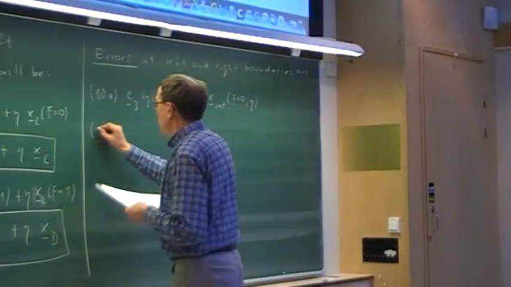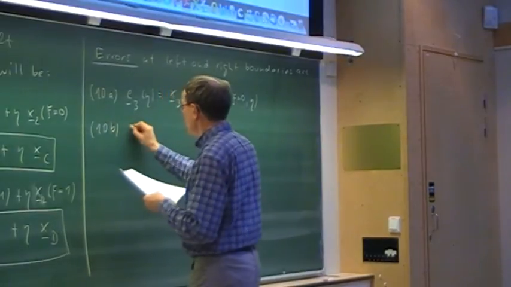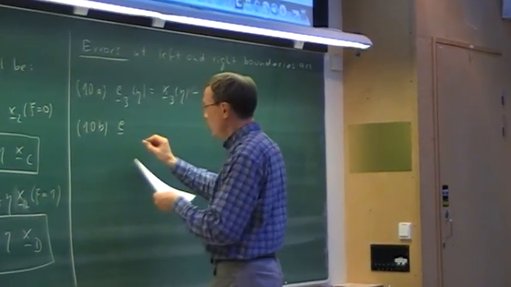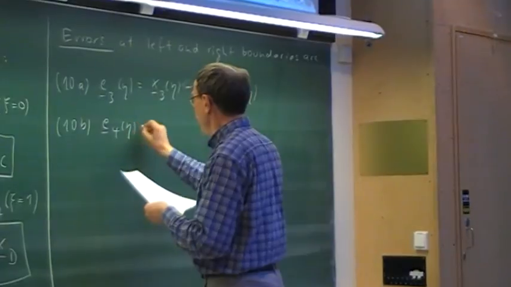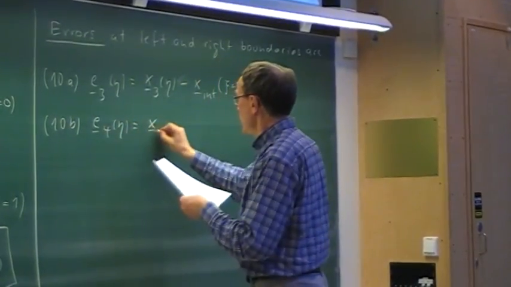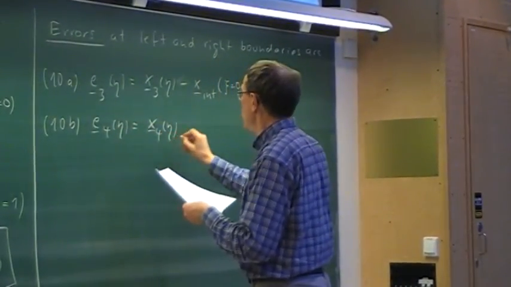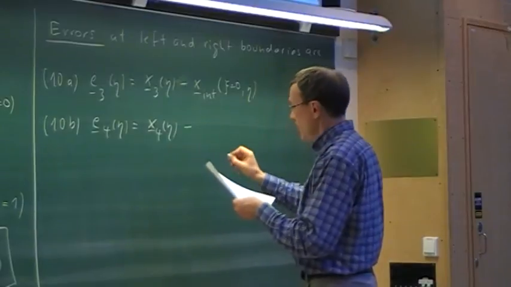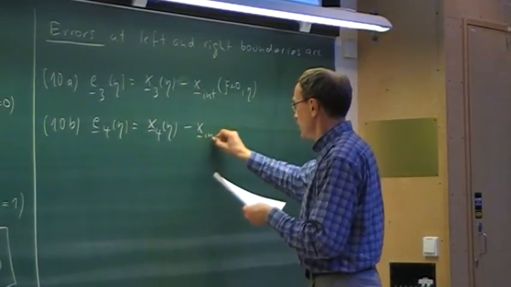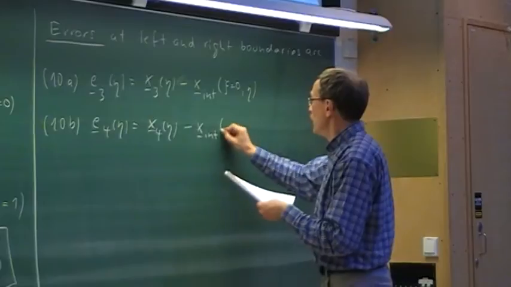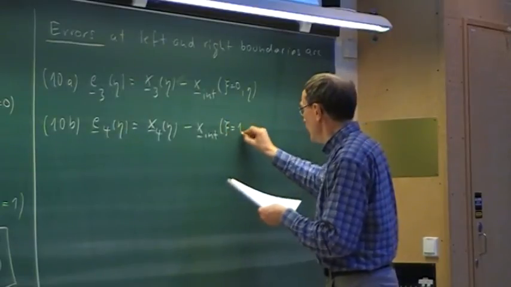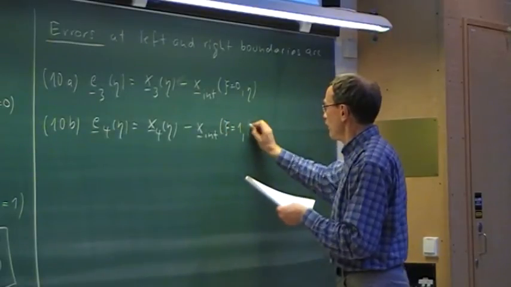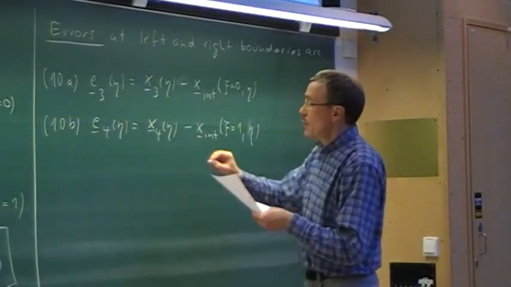Correspondingly, at the right boundary, we have the error, we call that E4 of eta. That is the x4, the correct right boundary, minus the interpolated right boundary, which is psi equal to 1 of eta.